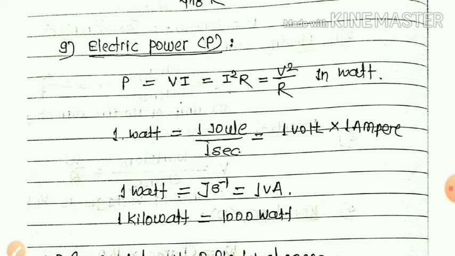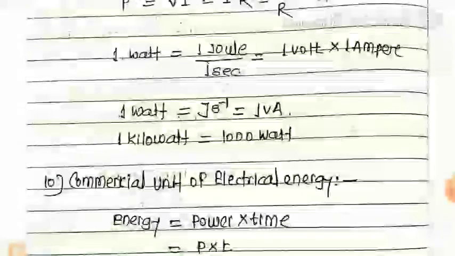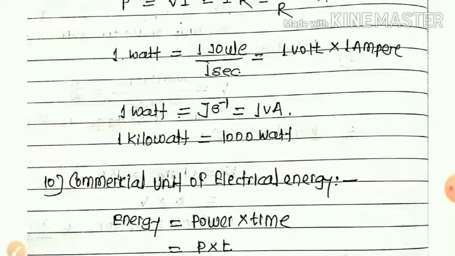By putting this value in place of V, we get the same formula for power as I square R, or we can write it as V square upon R. The SI unit of power is watt. 1 watt is nothing but 1 volt into 1 ampere. 1 watt can also be written as joule per second or joule S inverse.